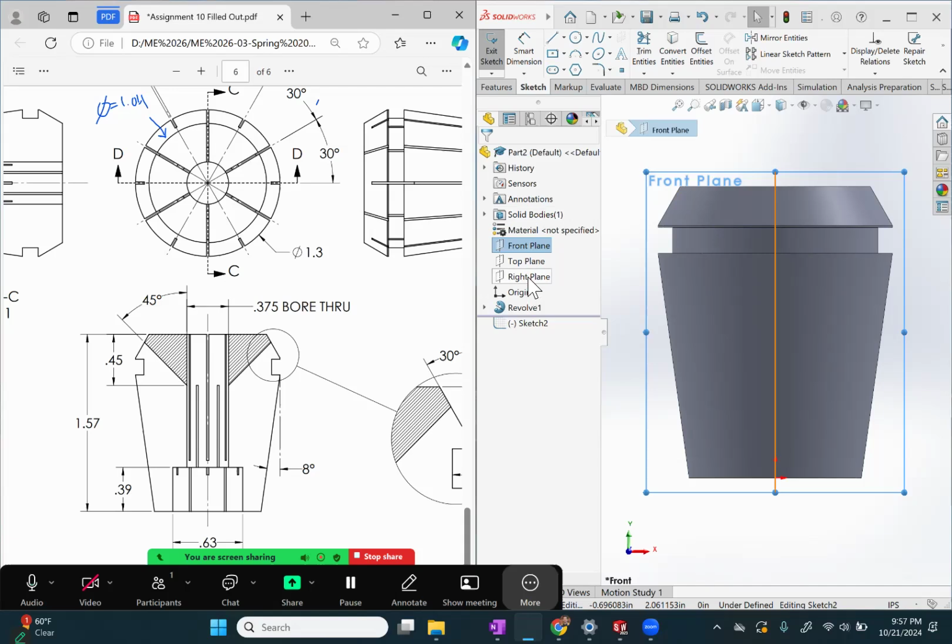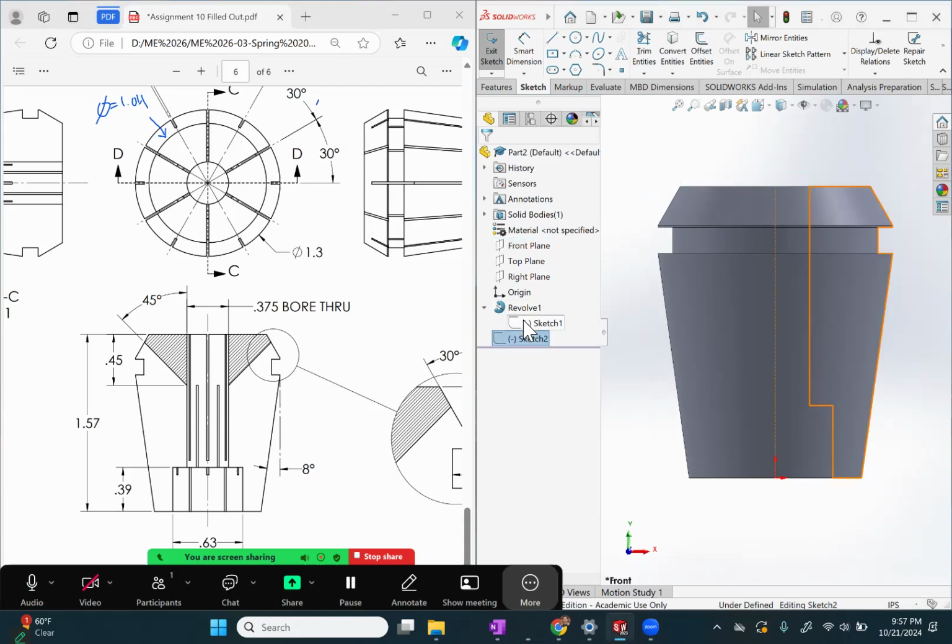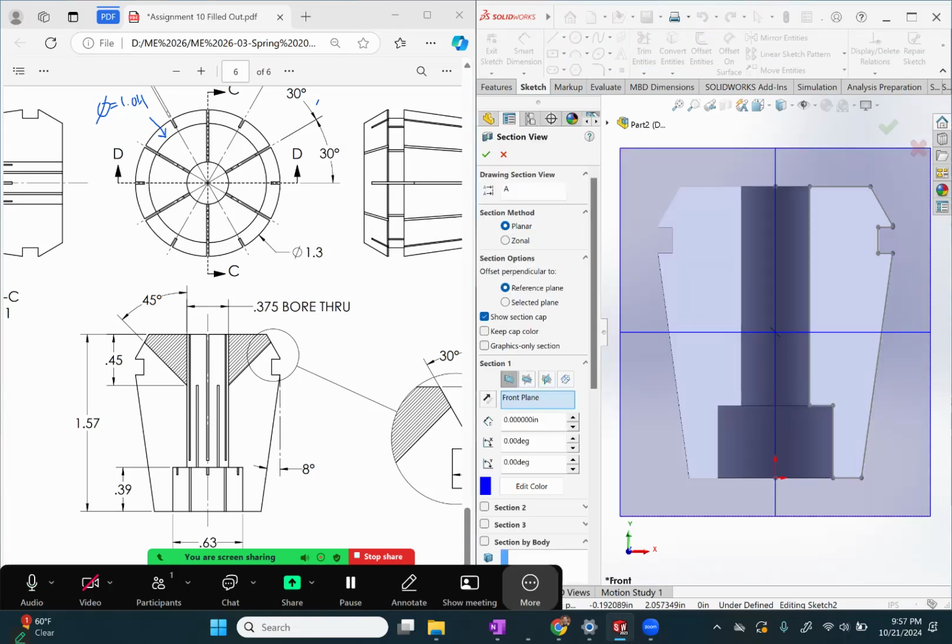And to do this, it would help me if I had sketch 1 shown. And also I could even use my section view tool to open up my section view here at my front plane.